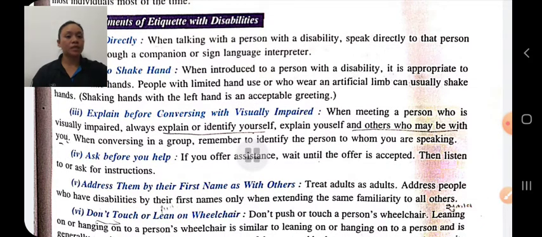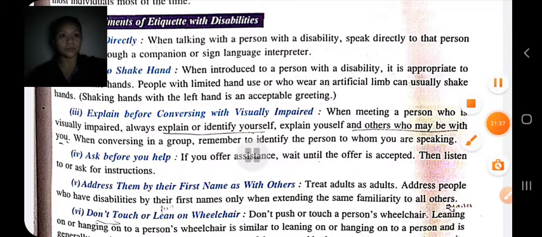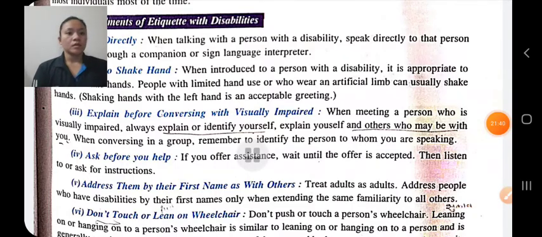Explain before conversing with the visually impaired. If the person is visually impaired, then explain who you are and who the persons with you are. Tell them your identity and explain who is with you.